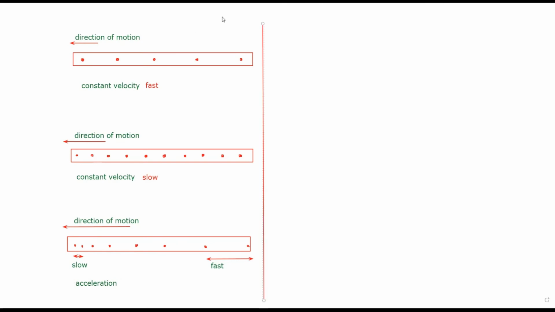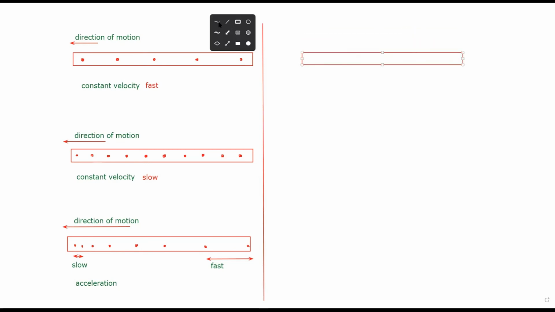Now, how about this? If I've got this point, you find the distance here and here getting nearer. So meaning that here it is fast, here it is slow.